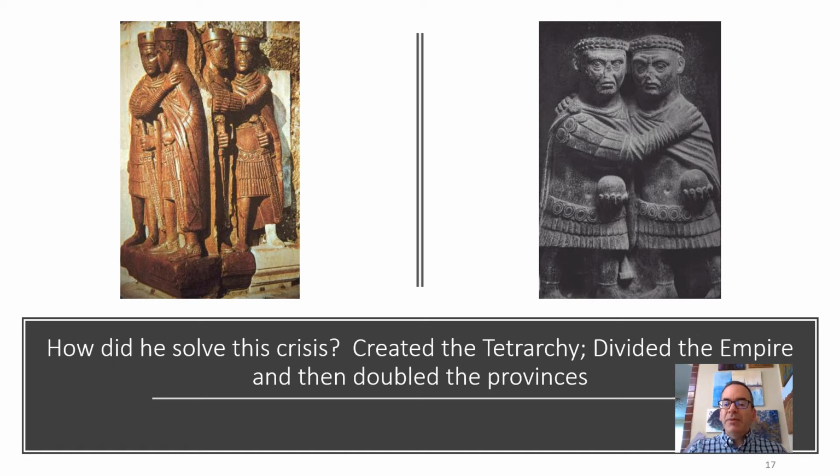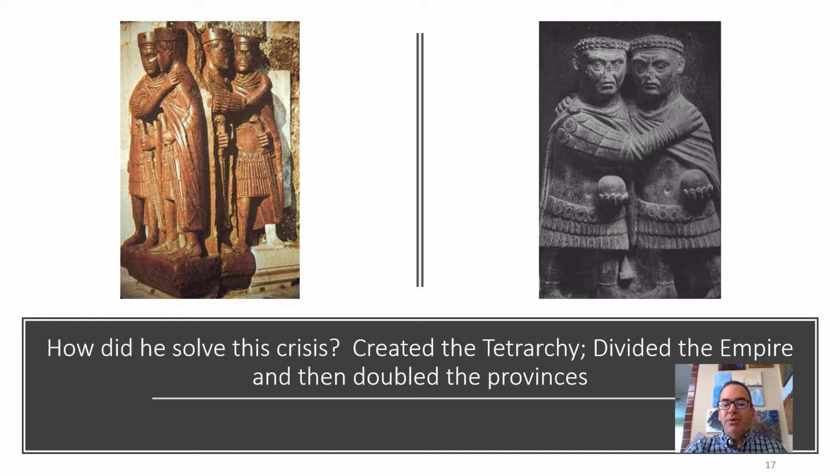He also did a number of different things to help ease this crisis. So he created something called the Tetrarchy, which tetra is four, and arch, A-R-C-H, is rule. So Tetrarchy is the rule of four. So he essentially created an emperor in the west and himself in the east, and then he created a person below him. You can think of him like a vice president called a Caesar.